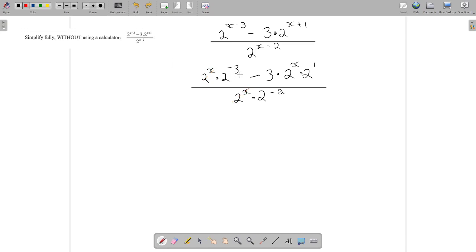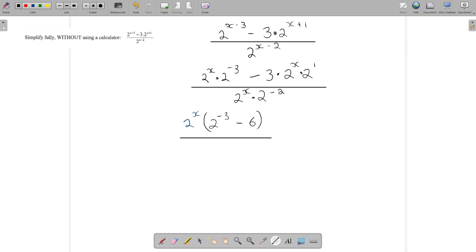So what I have to do here is I have to be clever and notice that there's a common factor in these two terms, and I can take out 2^x as this common factor, and I'll be left with 2^(-3) minus 3 times 2^1, which is just 6.